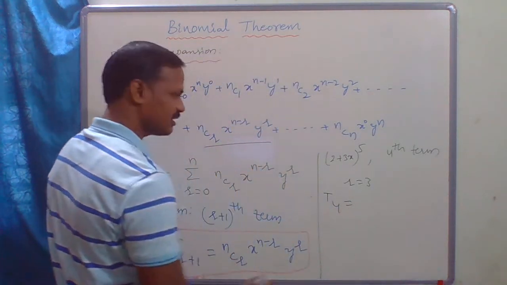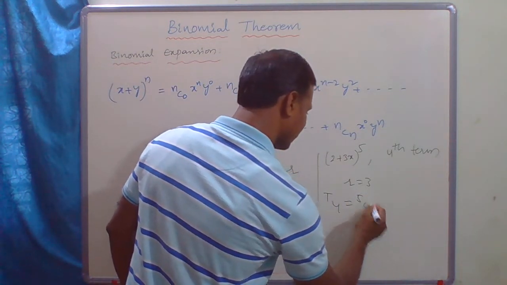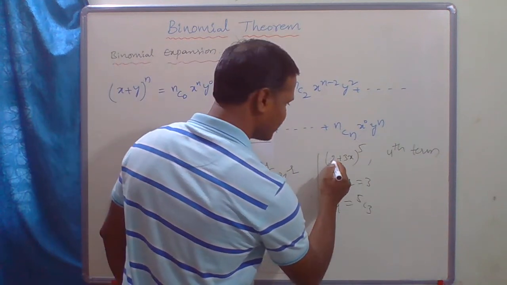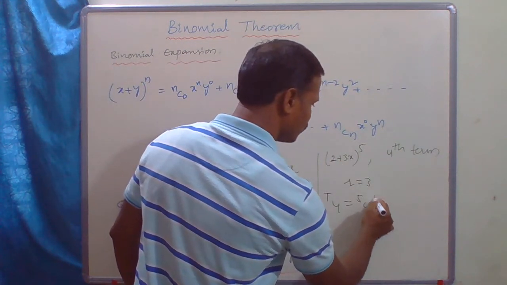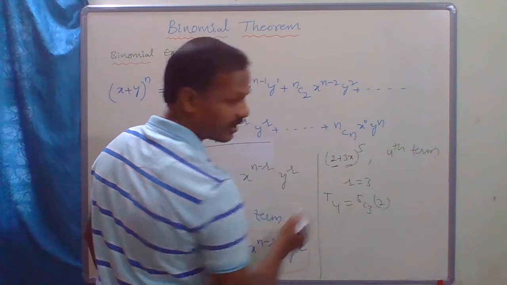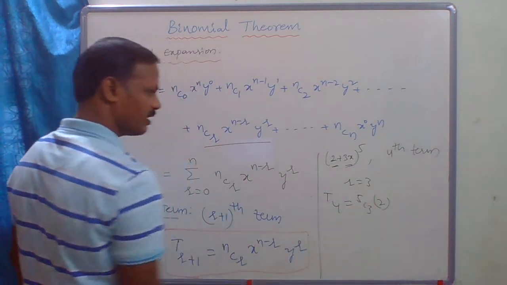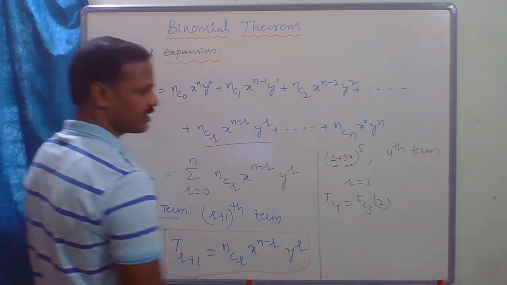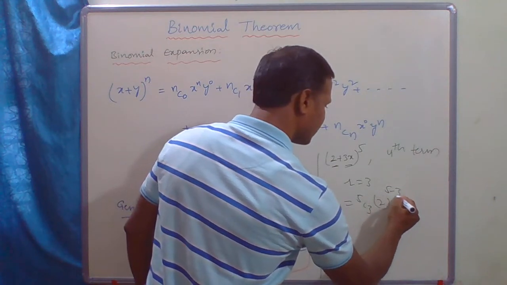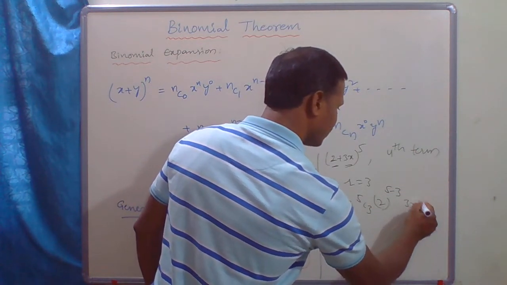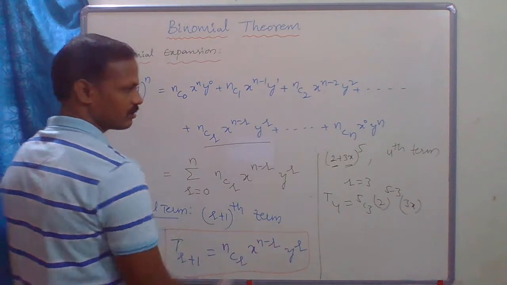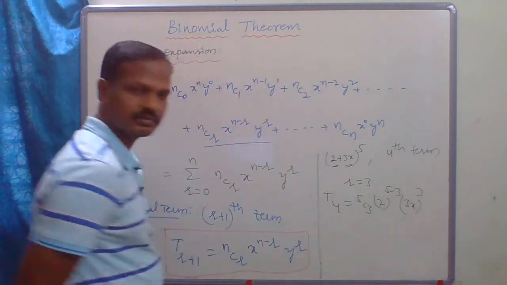So T(r+1) is nCr, that is 5C3, times x to the power n minus r. What is the x value? It is 2 here; this is x, this is y. So 2 to the power 5 minus 3, times (3x) to the power r, which is 3.